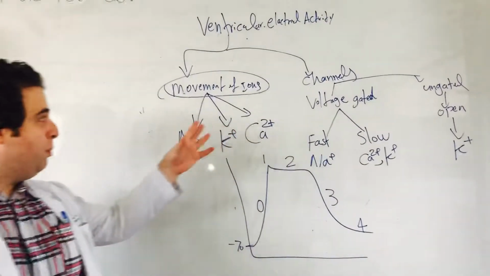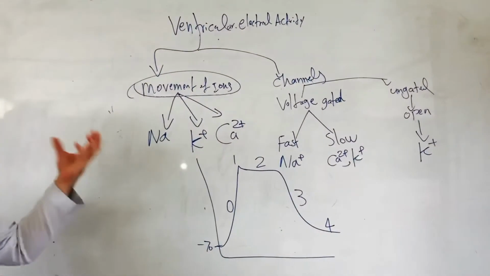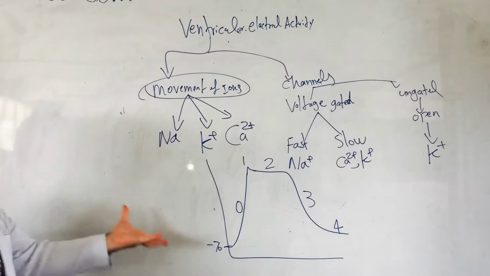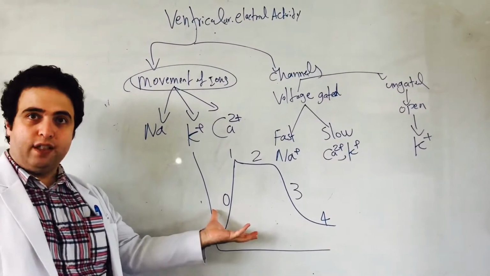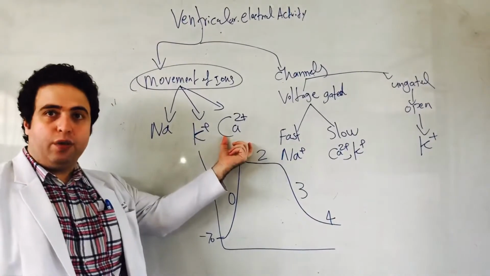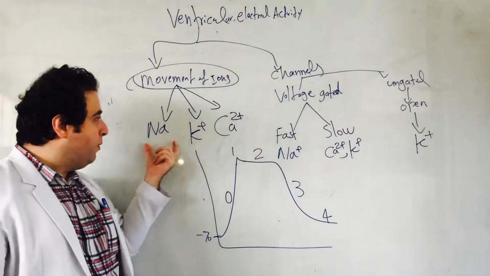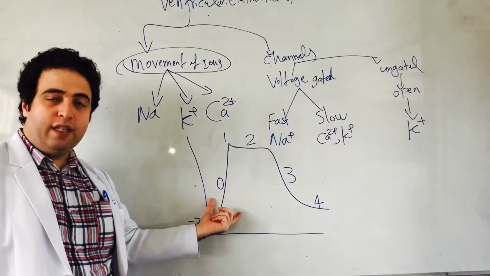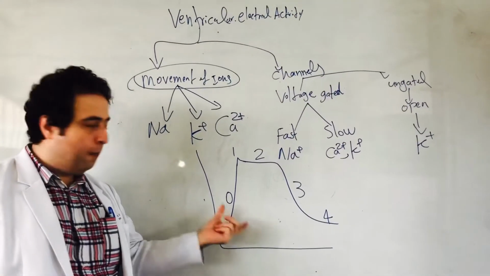Again, let me go back to our concept. The movement of ions is very important to generate the action potential, correct? Keep in your mind that there are three important ions that will play an important role in this action potential. Okay.